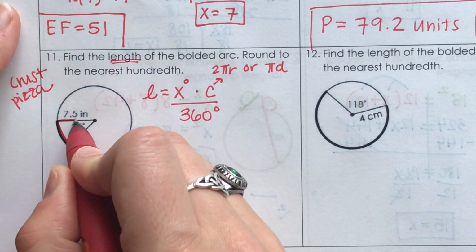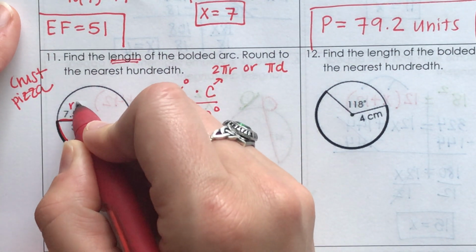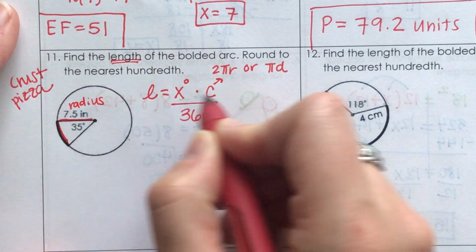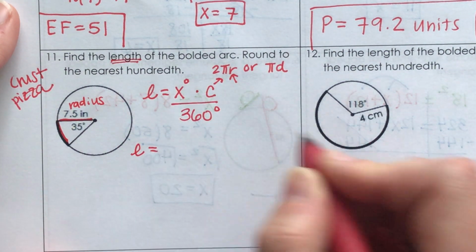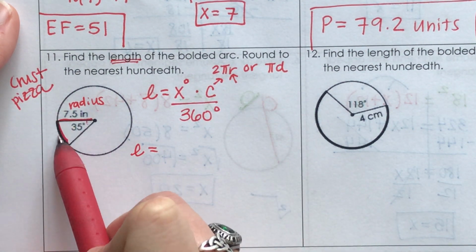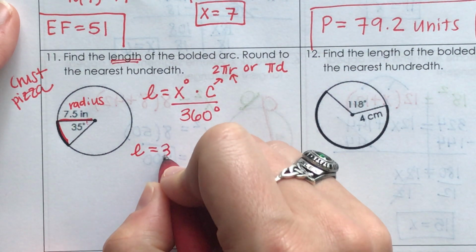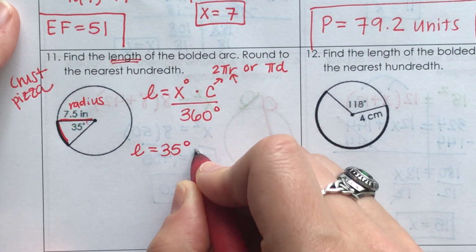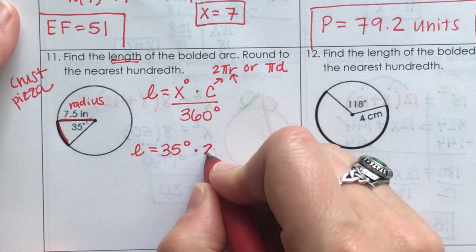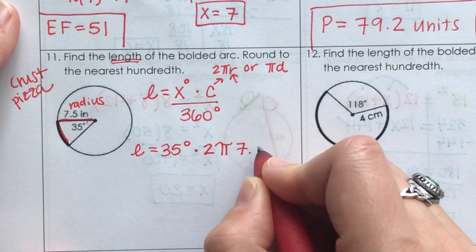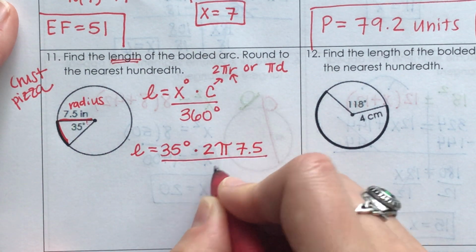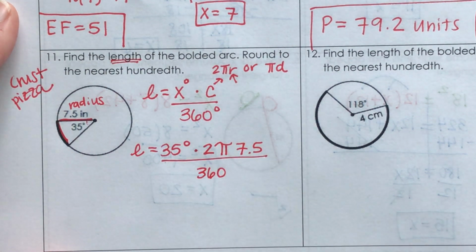What's given to me here in this picture is a radius. So I'm going to use this one. All right, so my length is equal to my degree of the arc, 35 degrees, times my circumference, 2 pi r, the radius is 7.5, all over 360.